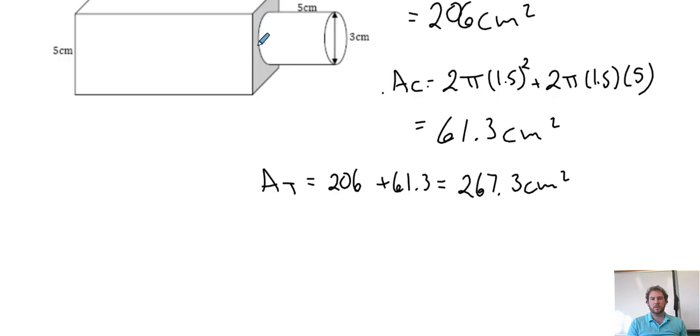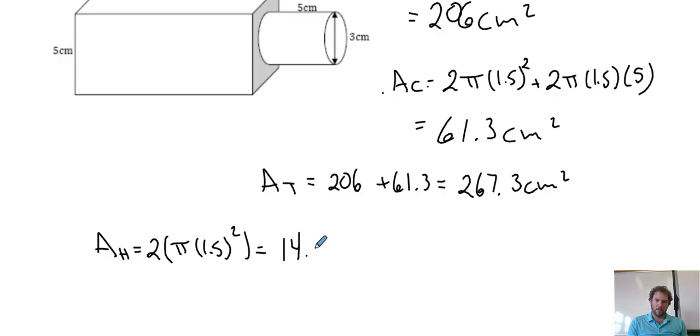So this circle from my cylinder is covering a circle from my base of my prism, right? So the area of the hidden faces will be 2 times pi r squared.